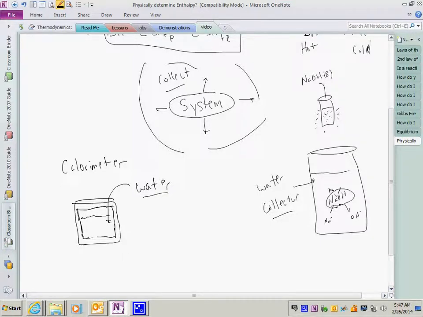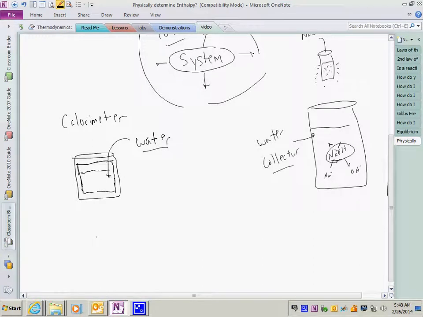But we could legitimately have another type of calorimeter, where we have our insulator and then a block of solid aluminum, with a little slot where we could drop something in. This thing could radiate energy, and the aluminum would be my collector.